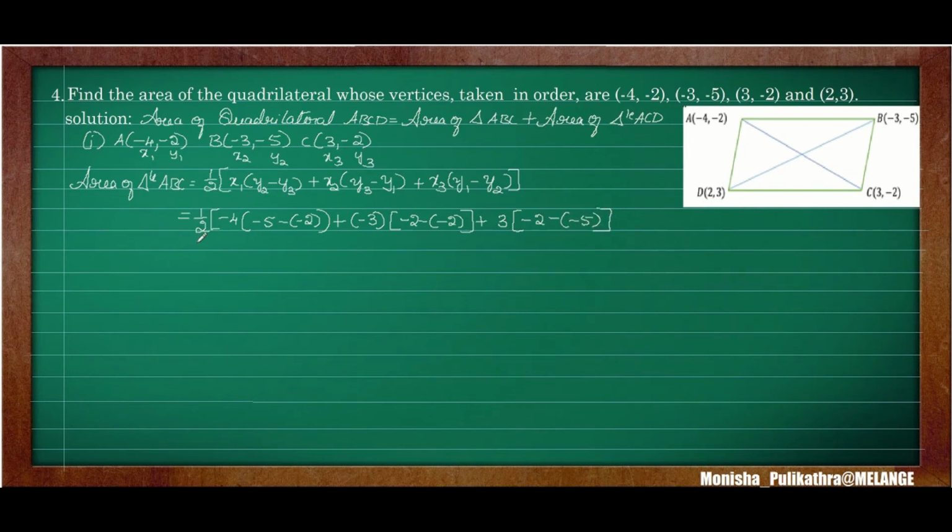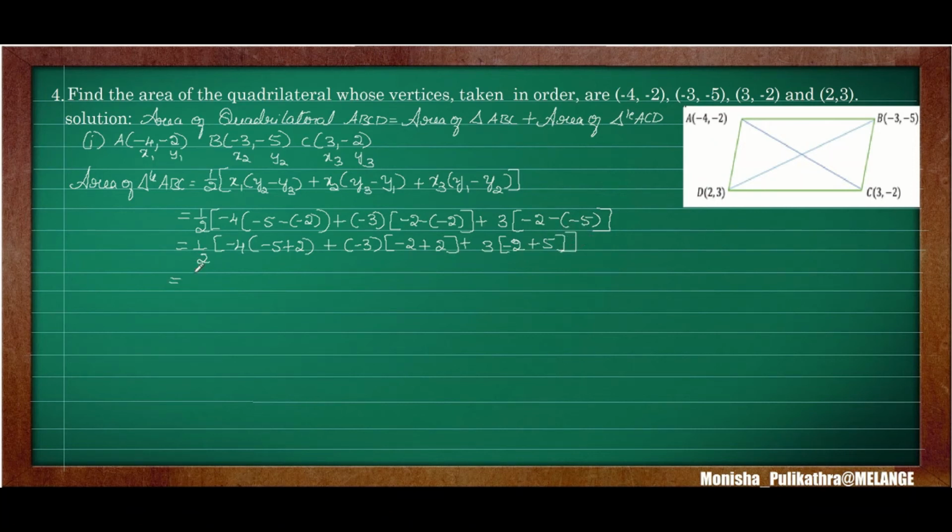Okay, so we need to substitute it carefully. -4 into -5 minus into minus plus 2, plus -3 into -2 minus into minus plus 2, plus 3 into -2 minus into minus plus 5.